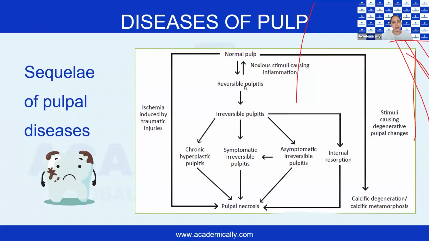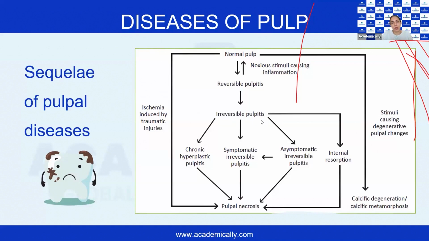Then if inflammation still persists, we will have irreversible pulpitis, which is the carrying forward of the inflammation and the battlefield. The soldiers of the immunity inside the body are losing ground. The inflammatory mediators are now more active, somewhere close to winning the game.